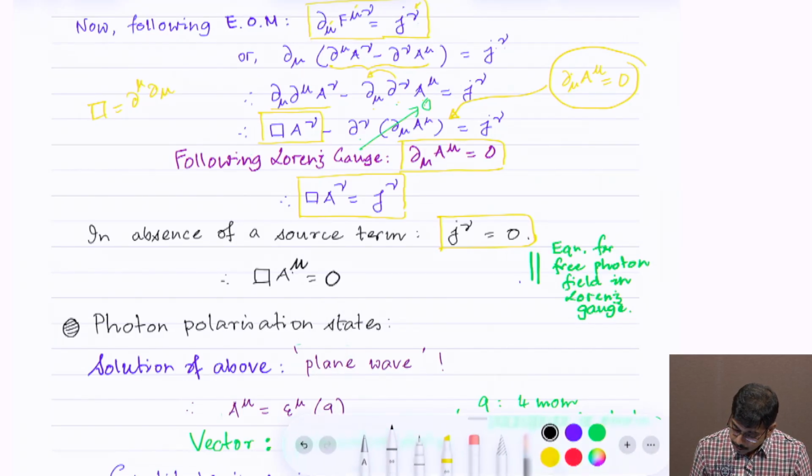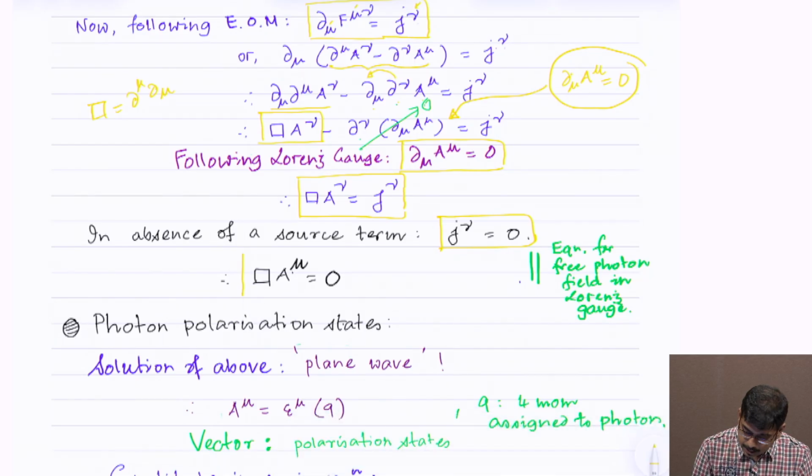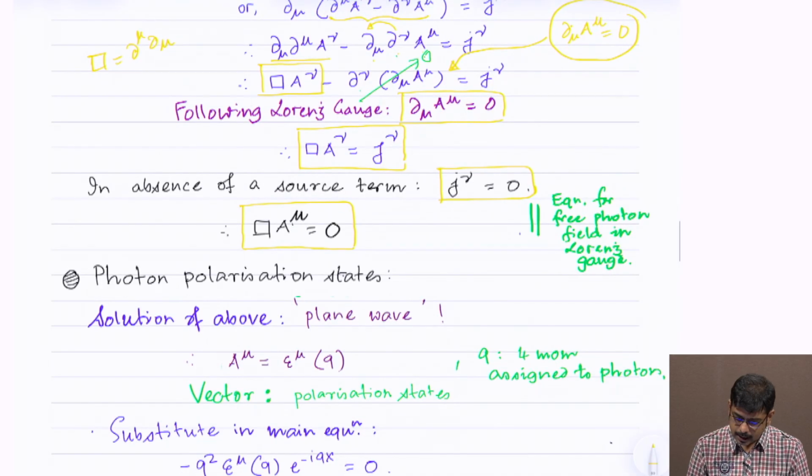Therefore, what you see here is that this solves the differential equation box A^ν equal to 0. This says that it is a plane wave solution that we can associate with the photon field also, just as a field φ, which solves box plus m squared φ equal to 0, has a plane wave like solution. So is the case for the photon.